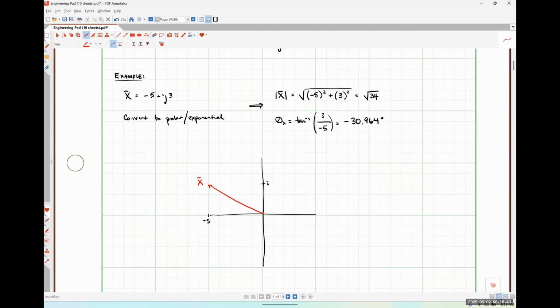So the square root of 34 is probably a little bit larger than 5. Let me just throw it in here real quick and see. 5.8. So we would essentially be somewhere in the ballpark of out here, and then we would need to rotate down by -30.964 degrees. So that would be something looking approximately like this.